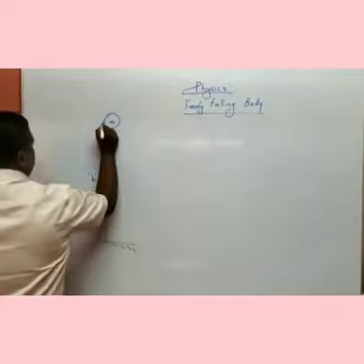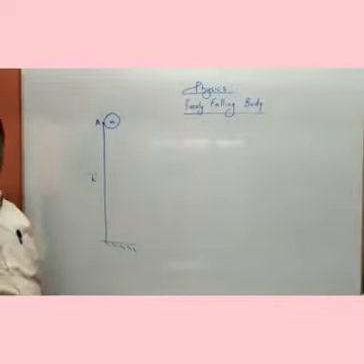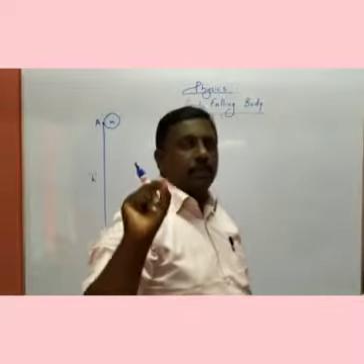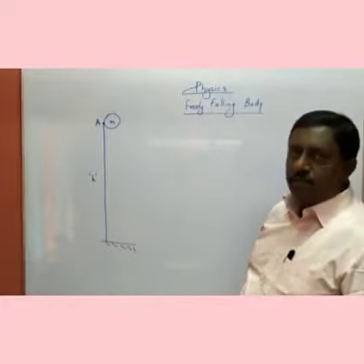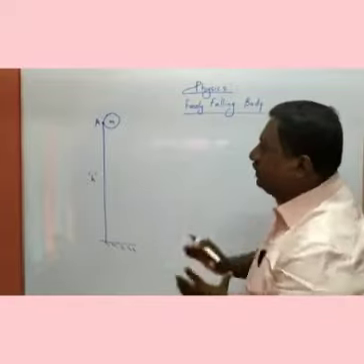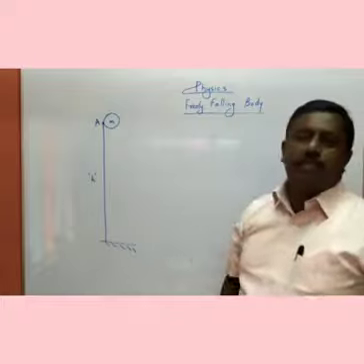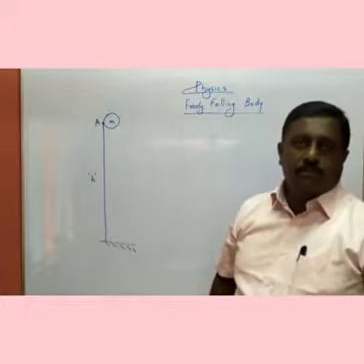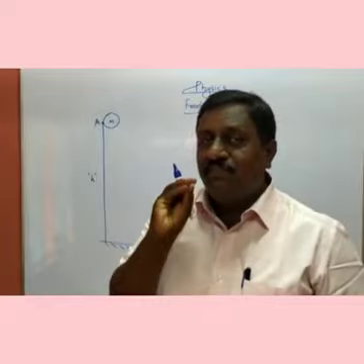Suppose I am considering this point as A. That means now the ball is at the point A. Can you follow me? I want to find out the total energy at that particular point A. Please listen very carefully.